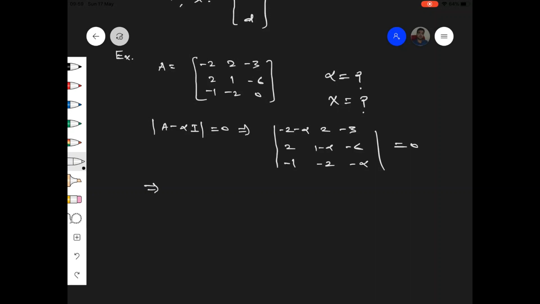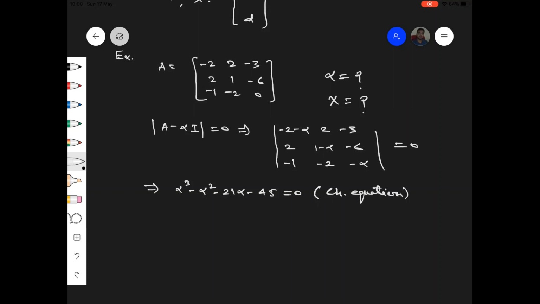So if we expand this determinant, it is going to be alpha cubed minus alpha squared minus 21 alpha minus 45 equals 0, which is actually the characteristic equation of this given matrix.